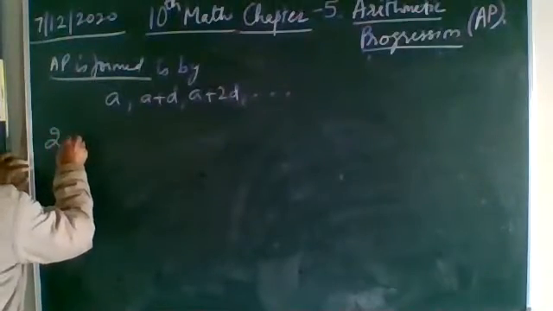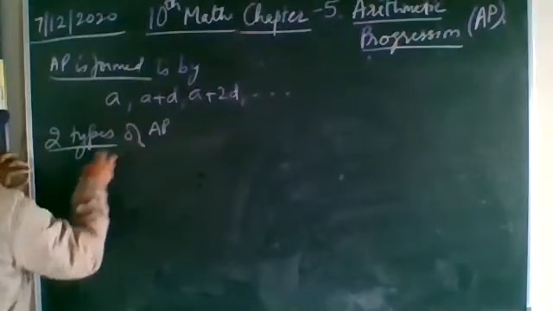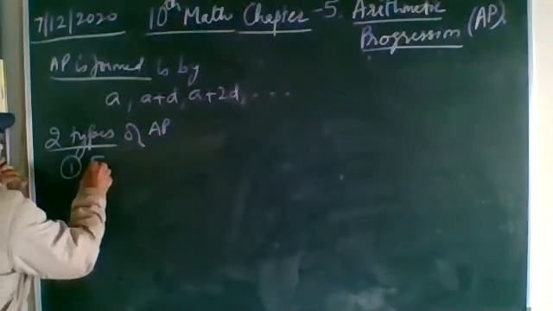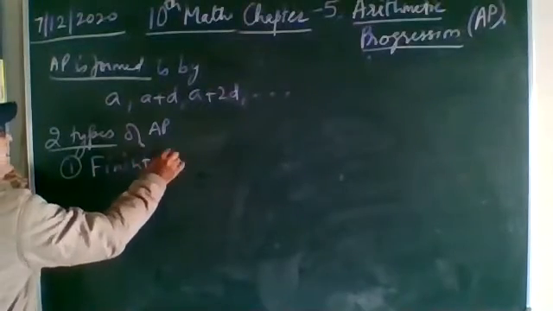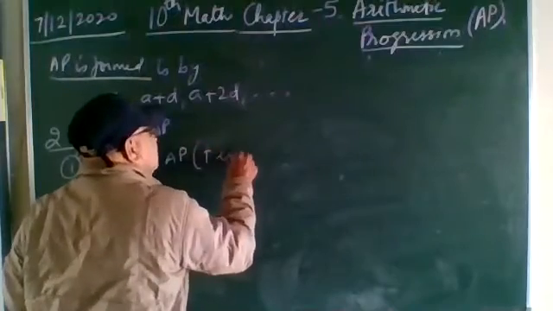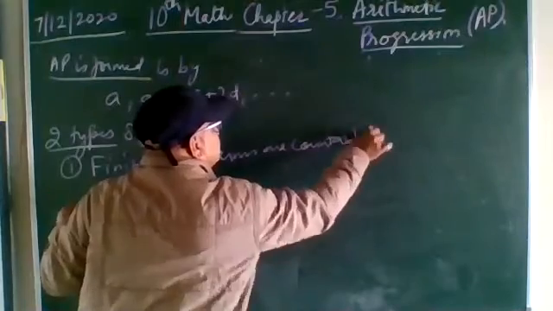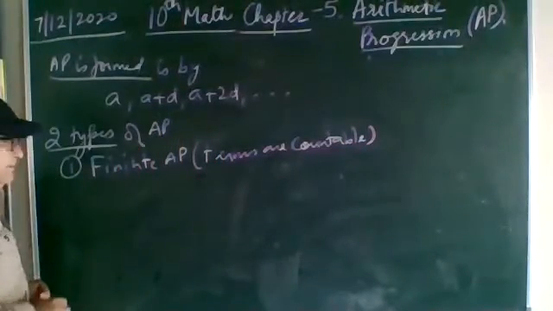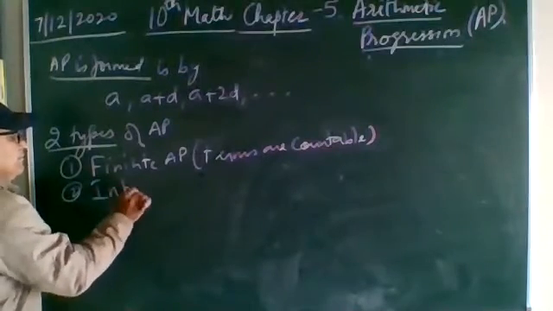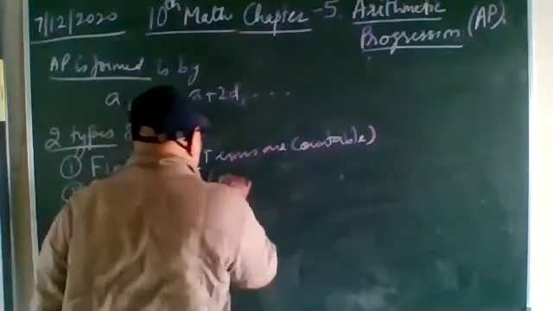There are two types of AP. First, finite AP: terms are countable. Second, infinite AP: terms are not countable.